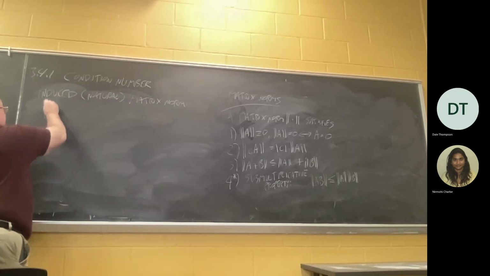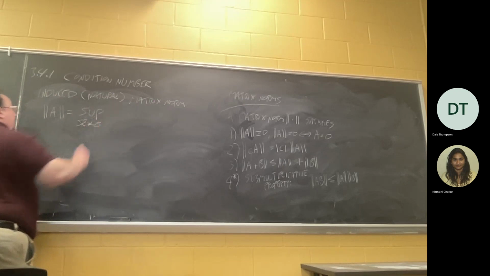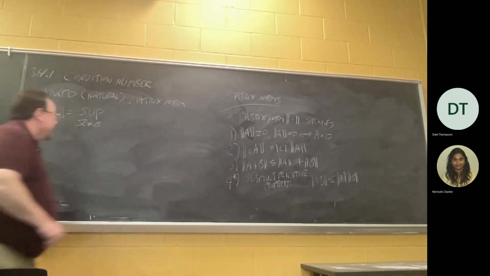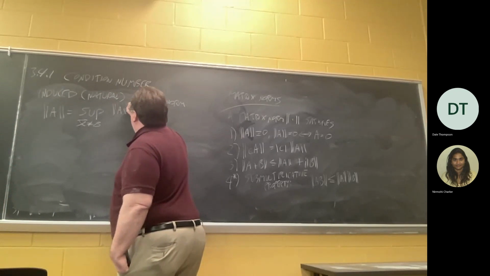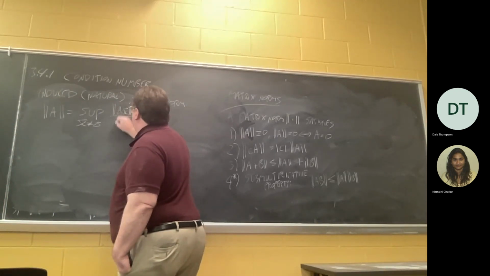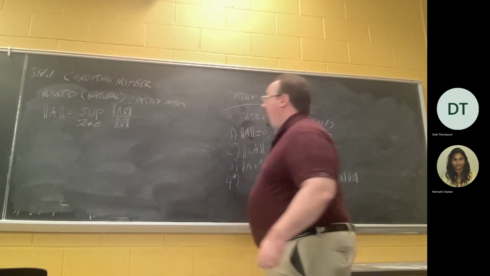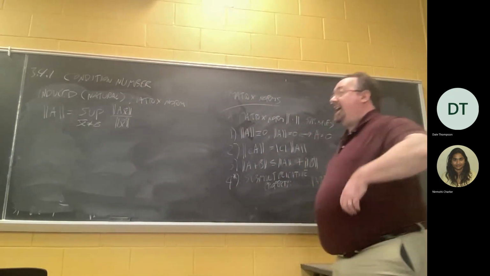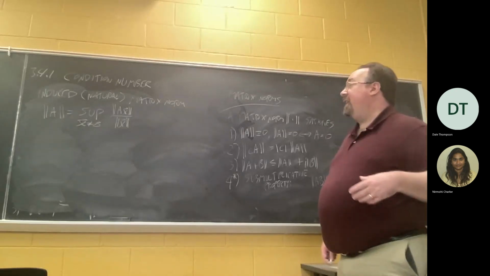The idea is you define the norm of a matrix as the supremum over all non-zero vectors X of the ratio of the norm of AX to the norm of X. So in other words, what is the maximum possible amplification of X you can get due to multiplying by A?